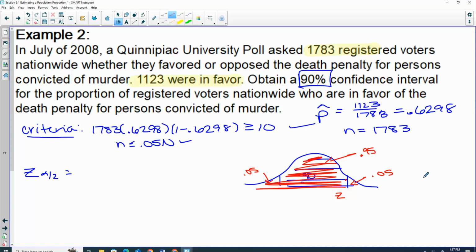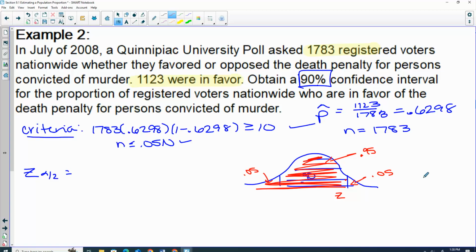So remember when we were looking at our tables and reading inside? So 95 is the probability. That's the number inside this table. So you are looking for the closest you can get to 0.95 in this table.